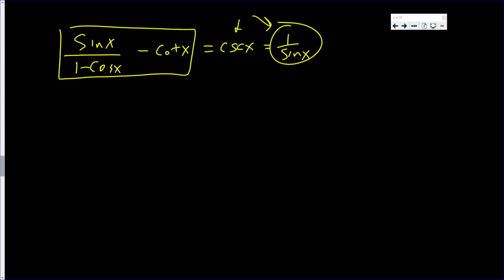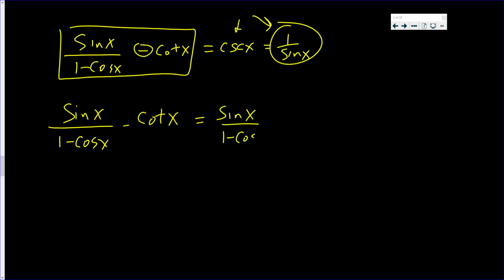It's not easy to get cosecant x to become a subtraction. It's not easy to get 1 over sine x to become a subtraction. I would start with the left-hand side. Like I said, usually it's easier to get something complicated looking to look easier. It's called simplification.